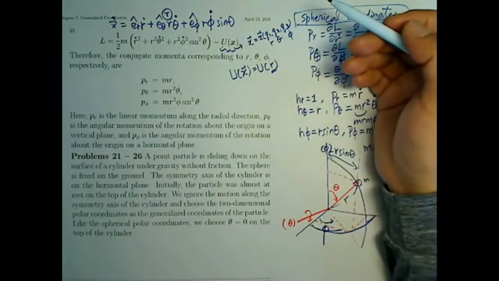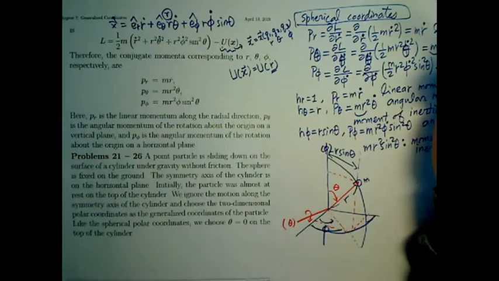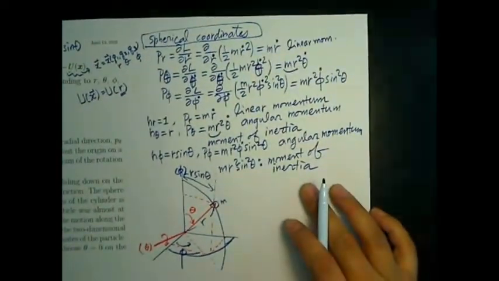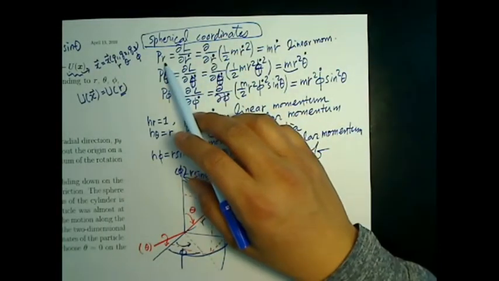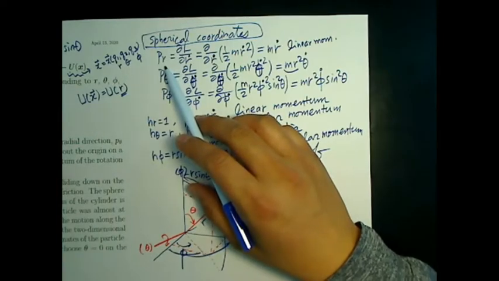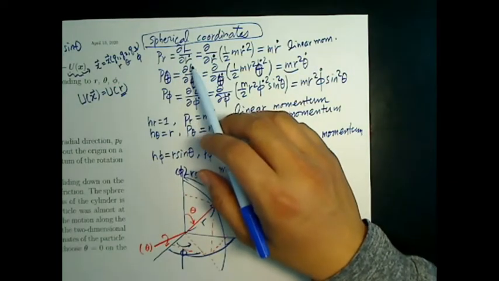Therefore, the conjugate momentum corresponding to r, theta, and phi can be computed in this manner. In the spherical coordinates, the radial direction conjugate momentum is obtained by taking the partial derivative of the Lagrangian with respect to r dot.